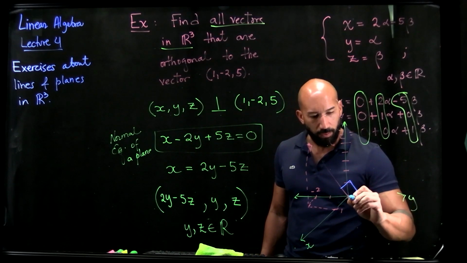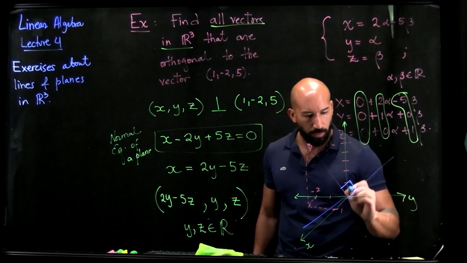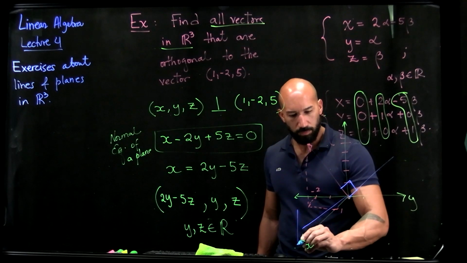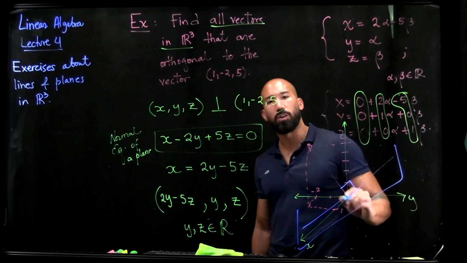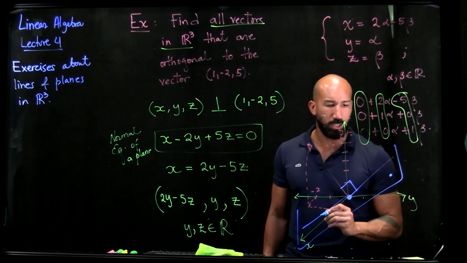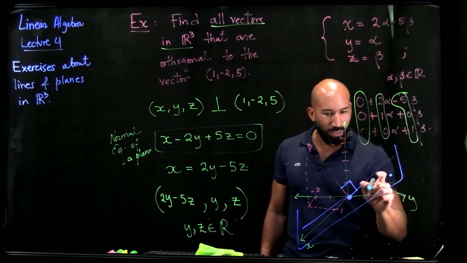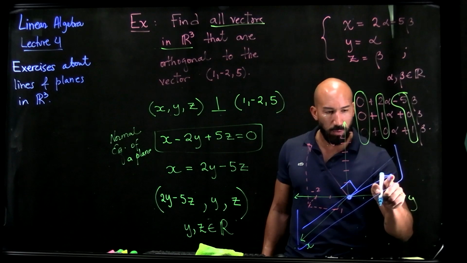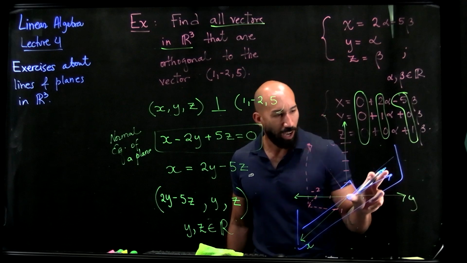I have a plane here passing across this point and orthogonal to this vector. If I take any point on this plane, 0 is there and this point is also there. So the vector whose ending point is this one, the whole vector is on that plane.